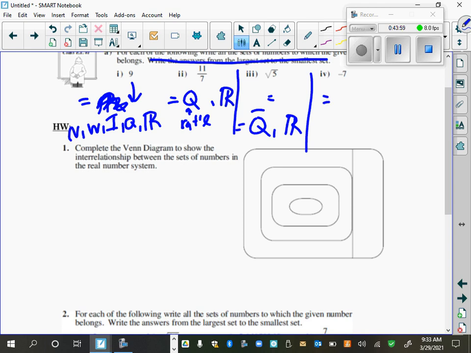Okay, let's go through this. What's the smallest one? Is it natural or whole? The ones that are just 1, 2, 3. Is it a natural number? No. Is it a whole number? No. Is it an integer? That's where it starts on this one. All integers are rational. It can be written as a fraction, and of course you're always going to put real for every time I ask you a number system question.